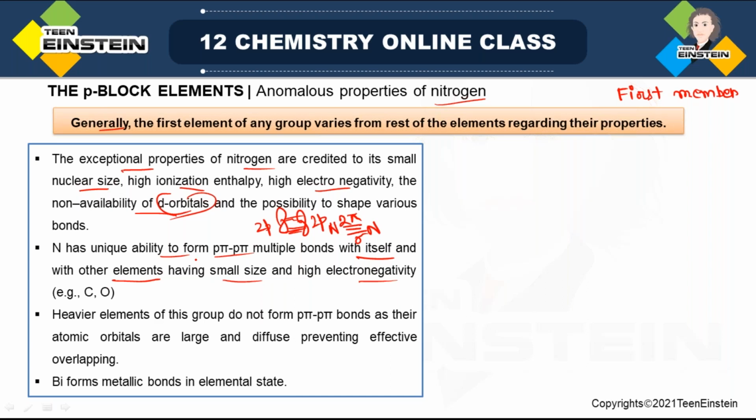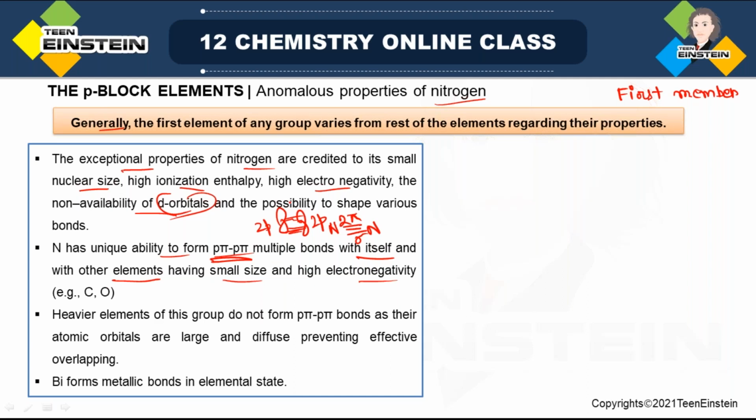So if the element forming the pi bond is from the second period, obviously it will use 2p orbital because 3p is not possible, and that overlap will be highly effective.